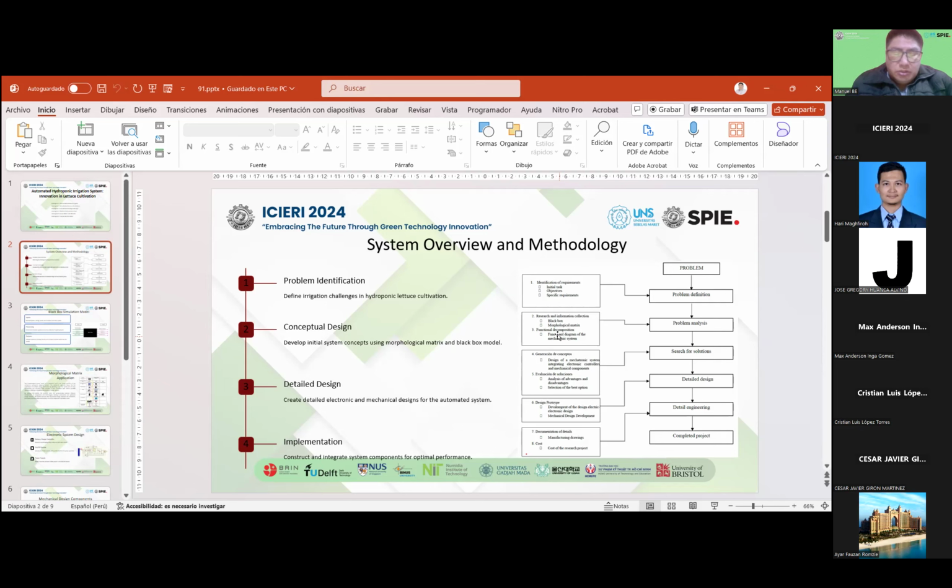Hydroponics, which uses irrigation accompanied by a nutrient solution for integrated plant development, is presented as a promising alternative for agriculture in controlled environments. However, the success of hydroponic cultivation depends to a large extent on precise and continuous irrigation management.